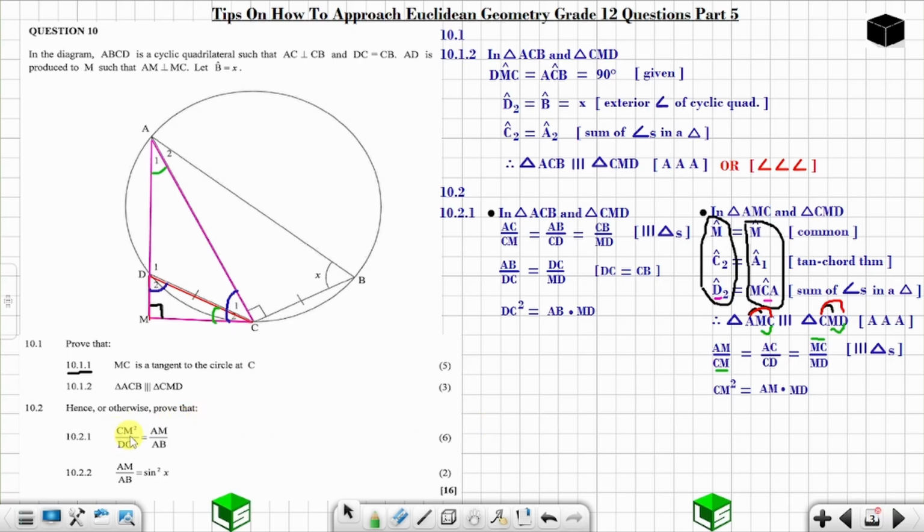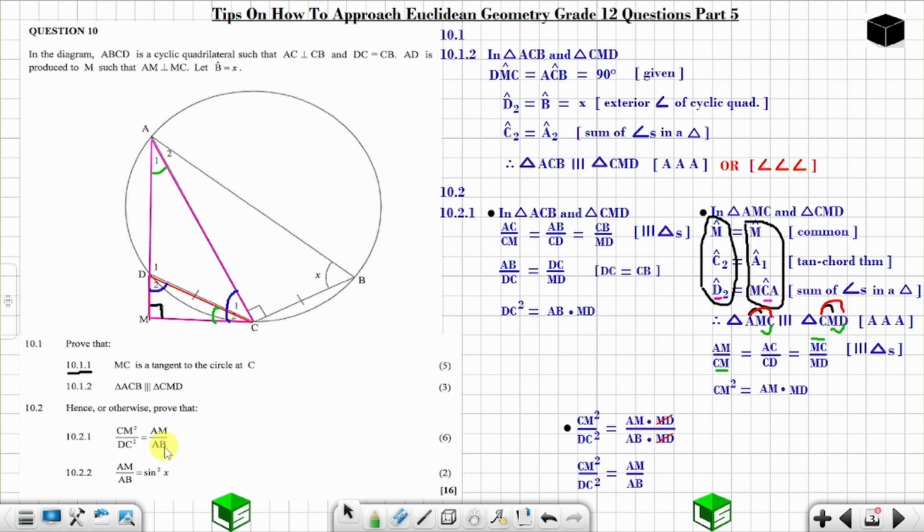So now you have CM squared and DC squared. So CM squared over DC squared is equal to this over DC squared. Okay, can you see? You can cancel MD and MD. So you are going to have this is equal to AM over AB.